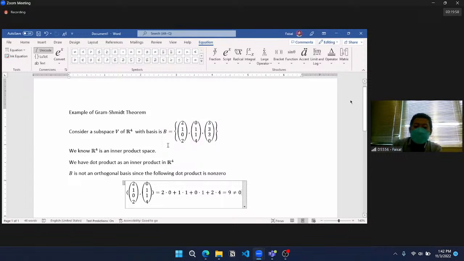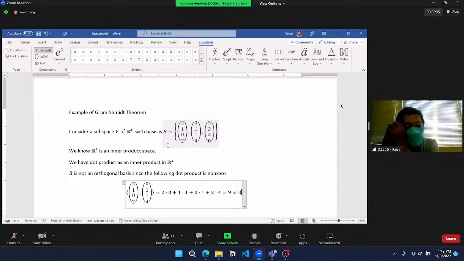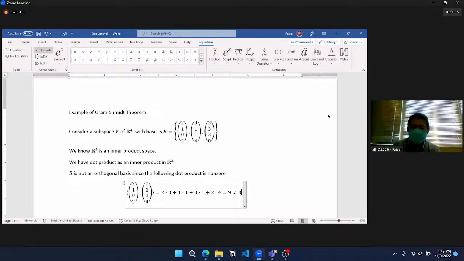So how do we obtain an orthogonal basis? We can produce an orthogonal basis from B using the Gram-Schmidt theorem.